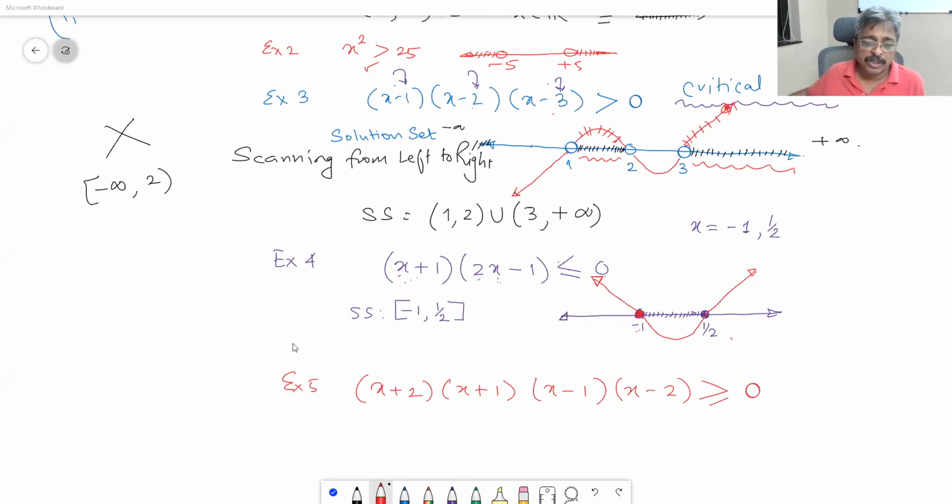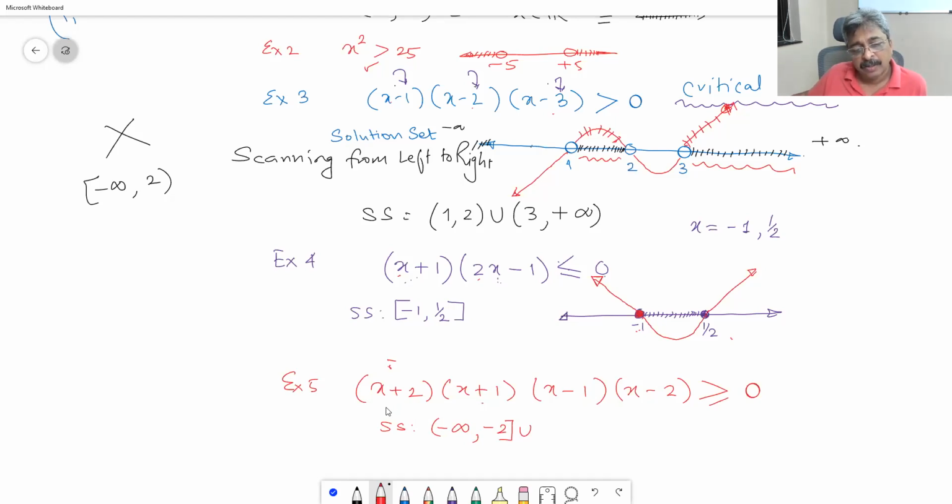Therefore, the solution set is minus infinity to minus 2 closed, union between minus 2 to minus 1. If we put any value, this bracket will be negative, this is positive.